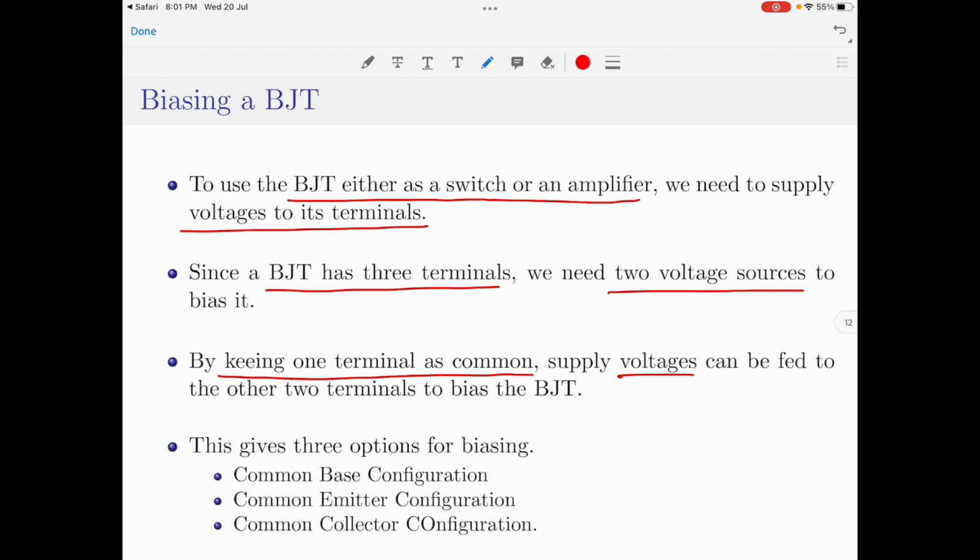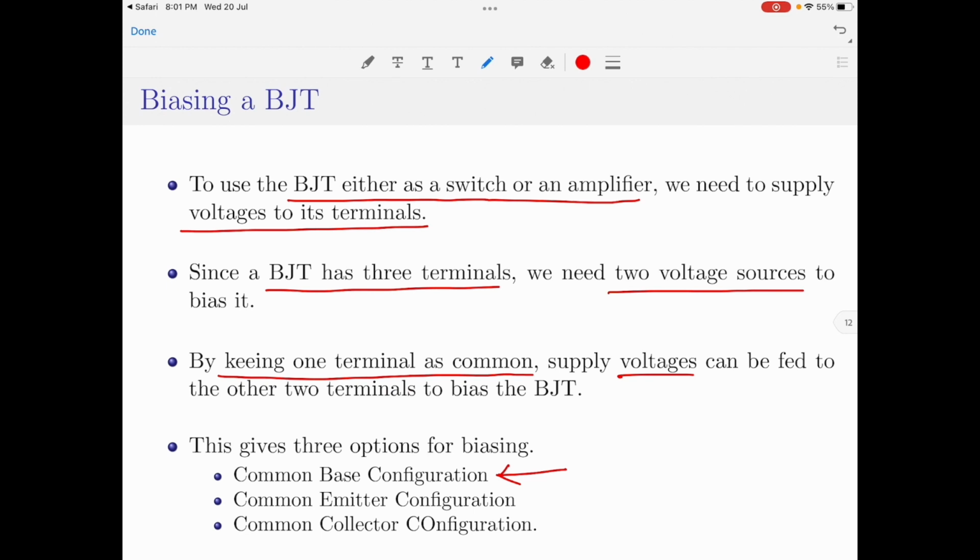These techniques are also called configuration techniques. We call them BJT configuration techniques. If I consider the base terminal as the common terminal and apply voltages to the other two terminals, that is emitter and collector, then the resulting configuration is called common base configuration, because the base is considered as the common terminal.